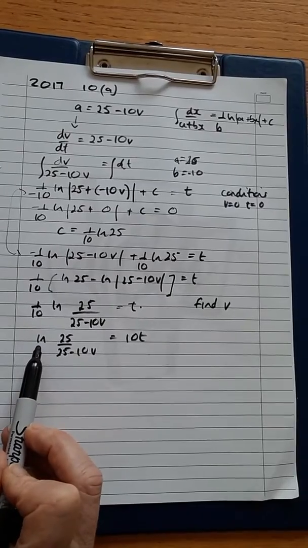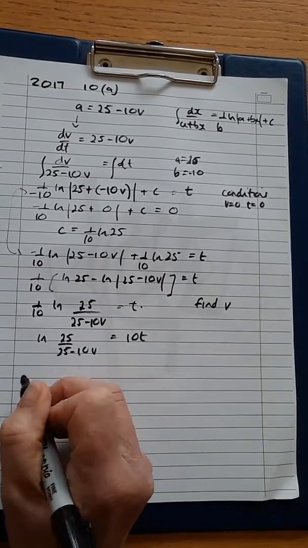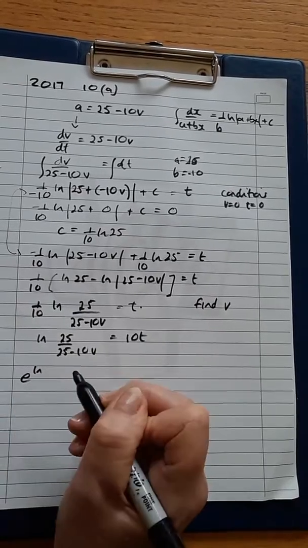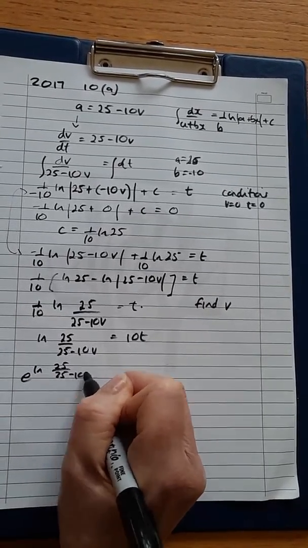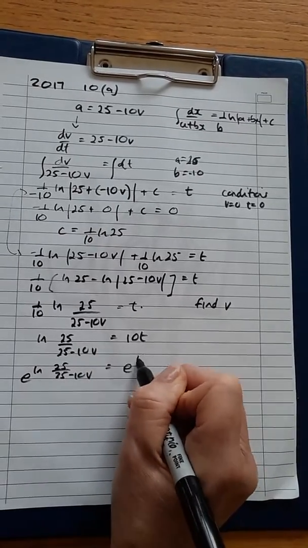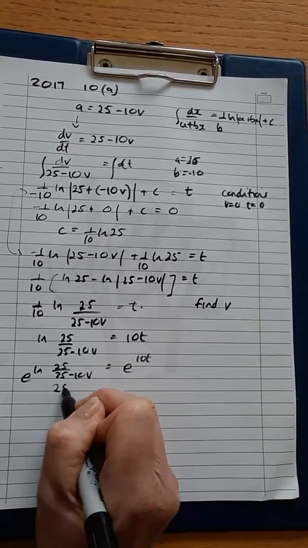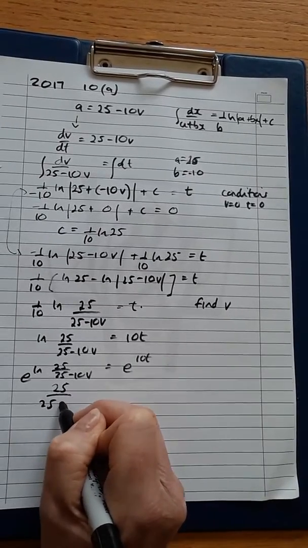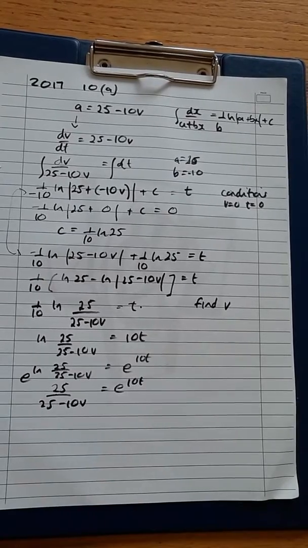I'll get rid of the ln on the left-hand side by e-ing both sides. So when I e to the ln of 25 over 25 minus 10v is equal to e to the 10t, that e and ln, of course, will cancel. So this will become 25 over 25 minus 10v is equal to e to the 10t.